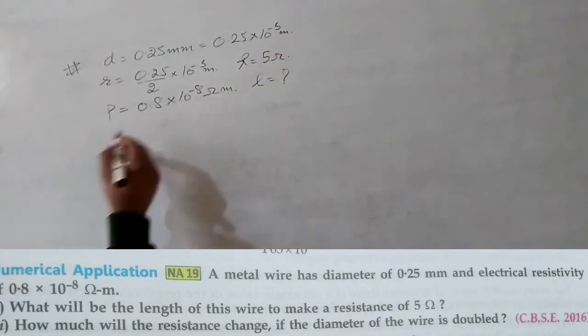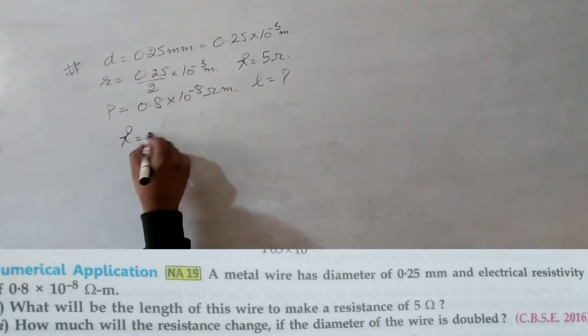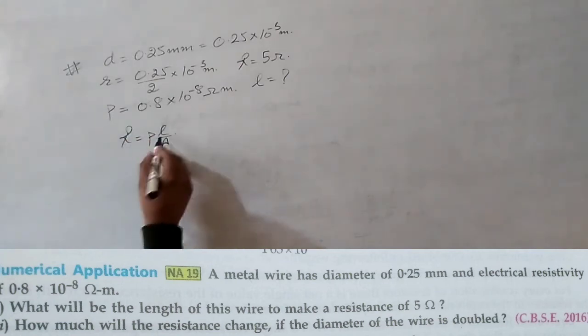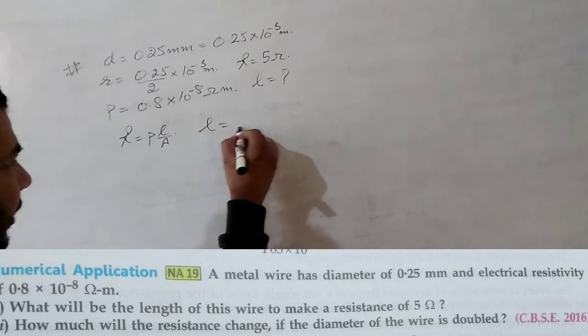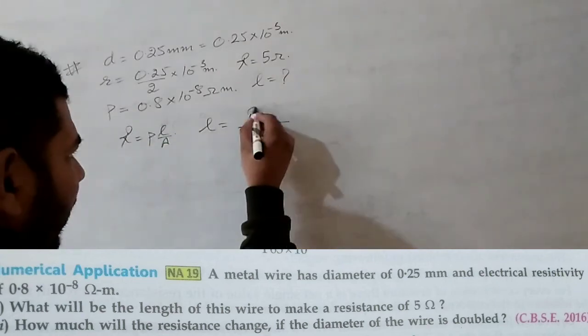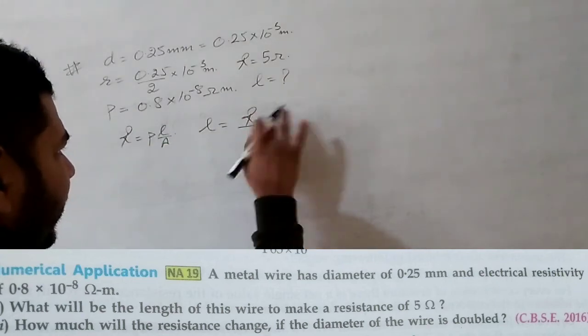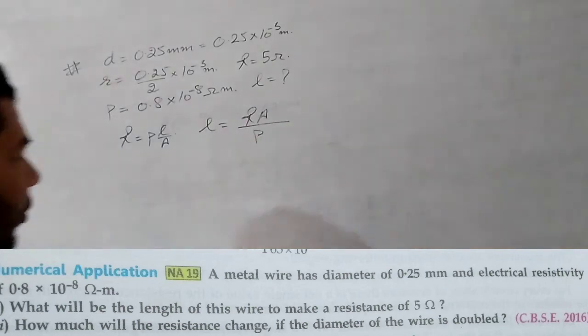Again we will write R is equal to rho L by A. So we have to find L, that is L is equal to R A by rho.